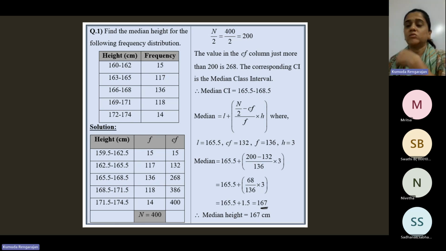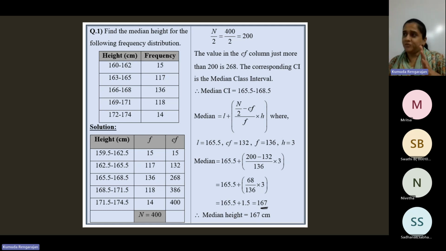So what do we mean by this? The data is about the heights of 400 students, right? The median height is 167 centimeters. That means the middlemost value. Median is the middlemost value, 167 centimeters.